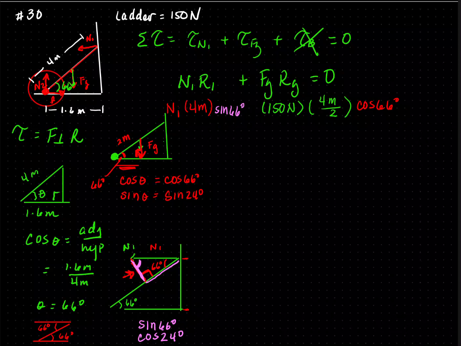So now I'm going to account for direction. My pivot point is on the left of my force, so my weight force is going to push this lever arm down. So it's going to rotate clockwise. So my weight is going to be negative.